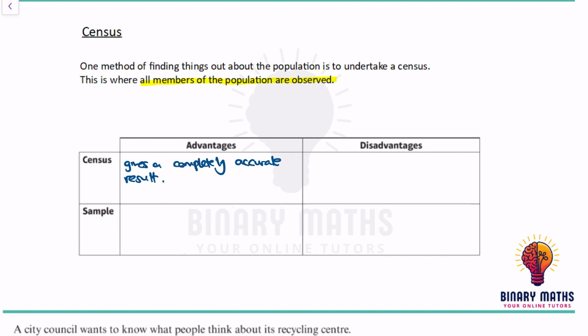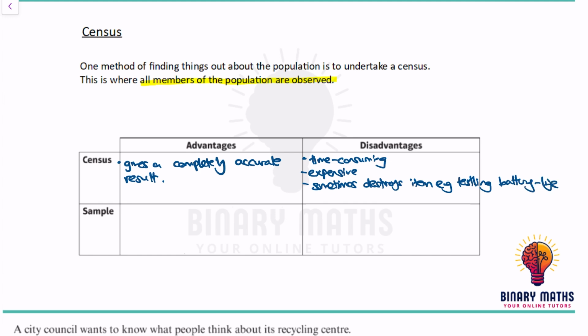The disadvantages are it's time consuming, expensive, sometimes destroys the item, e.g. testing battery life.